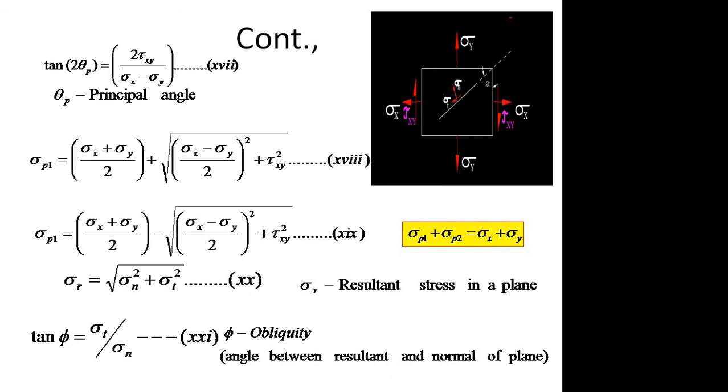Now remember, I have put an equation here which is highlighted in yellow color. Sigma p1 plus sigma p2 is equal to sigma x plus sigma y.